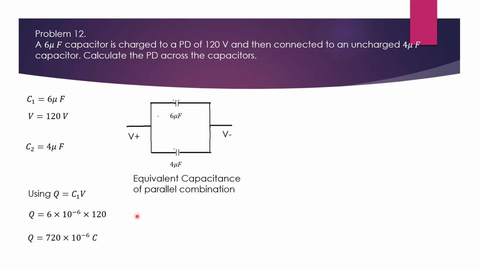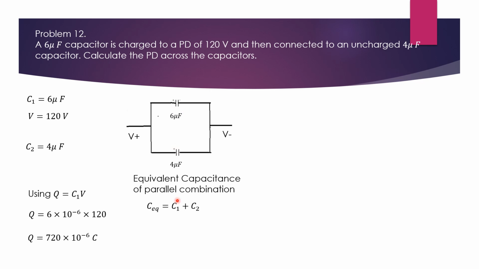Now the equivalent capacitance of a parallel combination. This is how we will be using it, because we then connected it with a 4 microfarad capacitor, and this is how we connected it. And we need to find the potential difference across these two capacitors, which are connected like this.